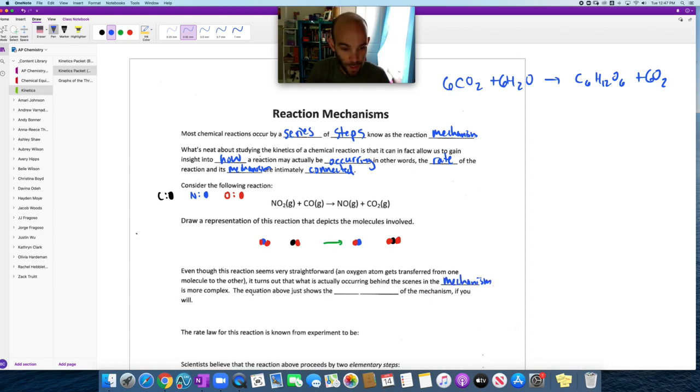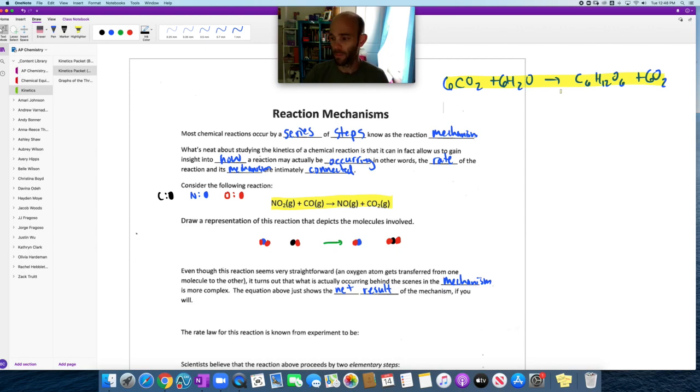Okay, the equation above just shows the net results of the mechanism, if you will. So this right here, it's kind of like our photosynthesis reaction up here. Photosynthesis does not occur just in one step, but when we write out the reaction equation, that's the overall result of photosynthesis, of course.